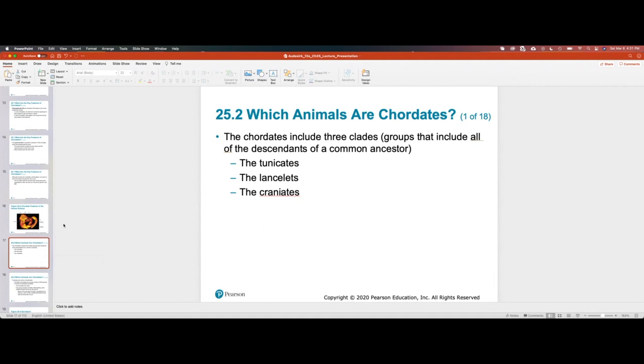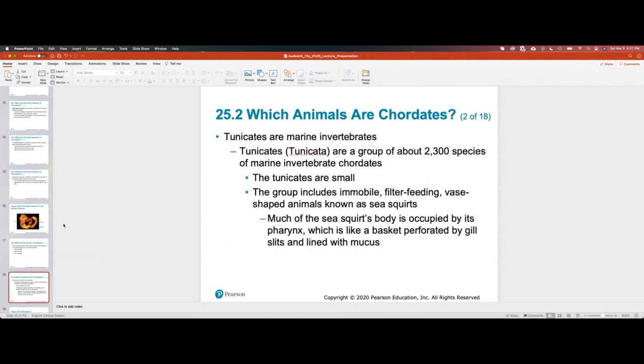All right, so looking at the chordates, breaking them down a little bit further, we have the tunicates, the lancelets, and the craniates. So the tunicates, that's going to be a group of about 2,300 species of marine invertebrate chordates.